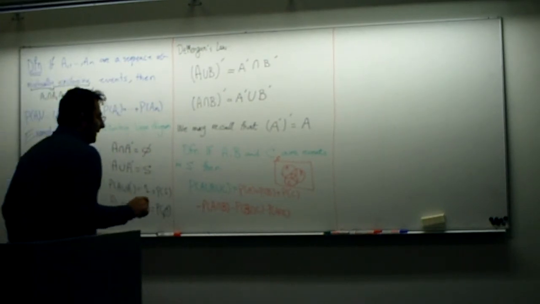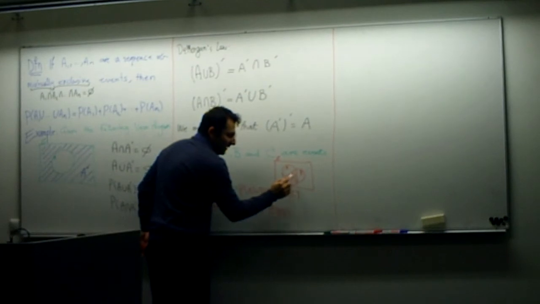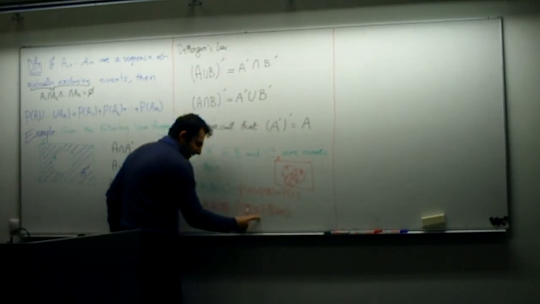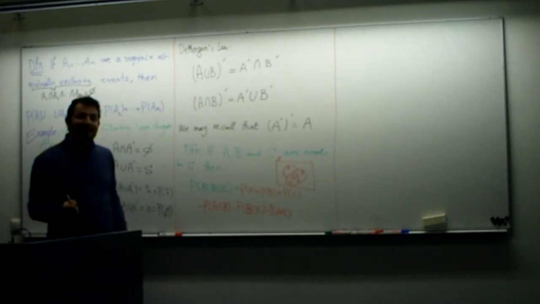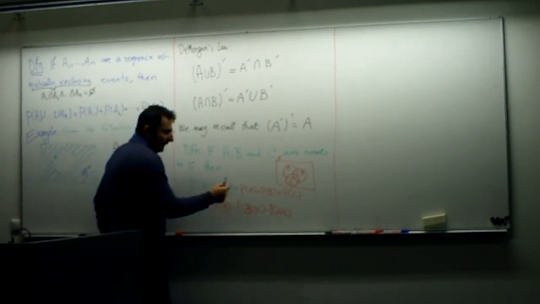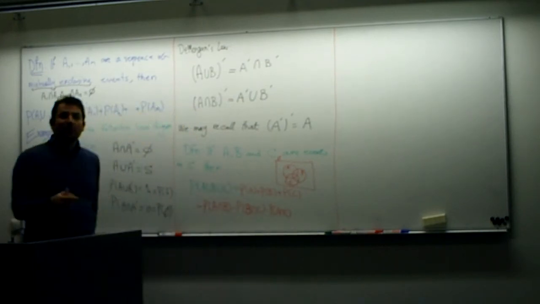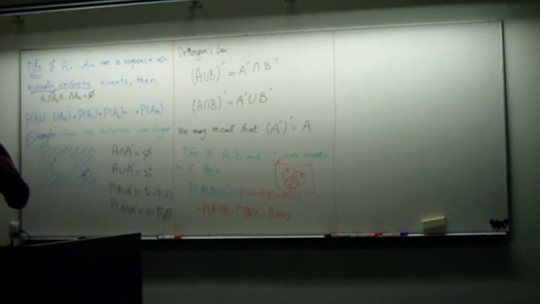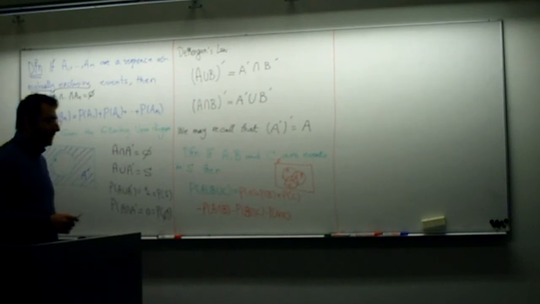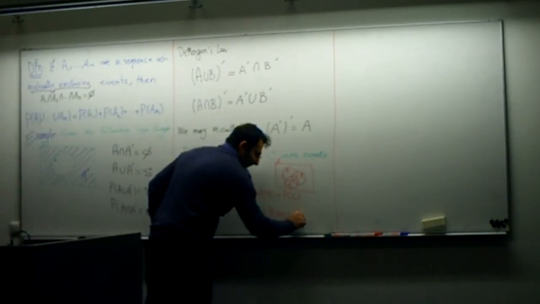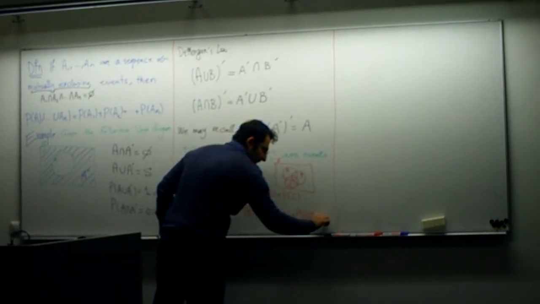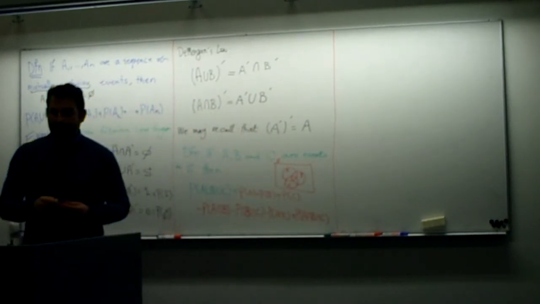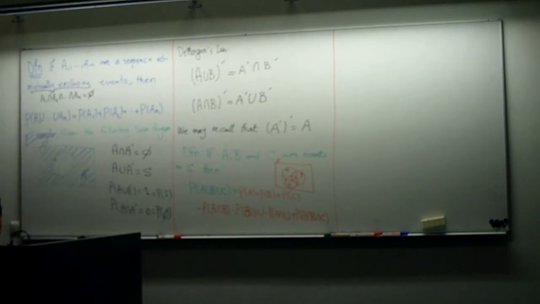However, there can be an element in here which is inside here, which is inside here, which we have removed. Now, let's see what happens. We have included it twice, we removed it 3 times, so we have to bring it back, right? So we are adding P(A intersected by B intersected by C). Okay?